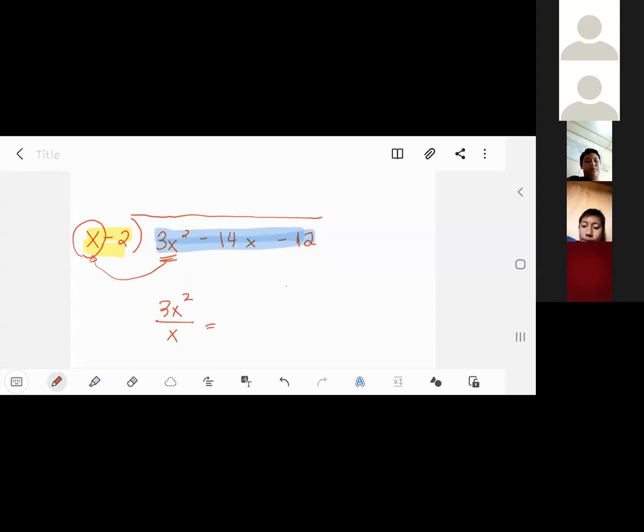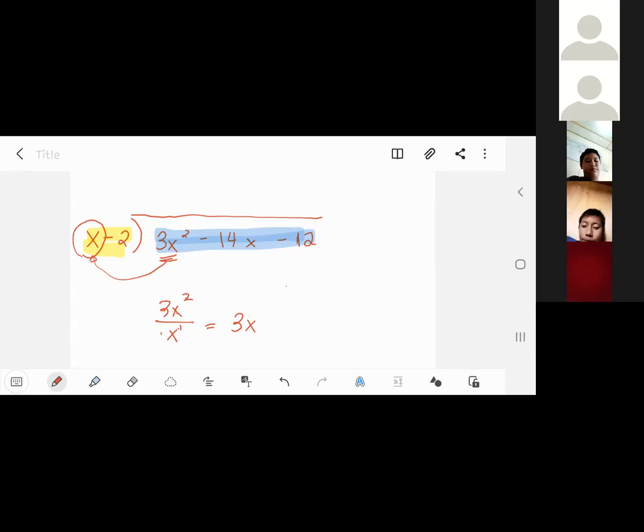Your answer is, 3 divided by 1, that is 3. Then x squared divided by x, so 2 minus 1, that is 1. So the answer is 3x. Did you follow?